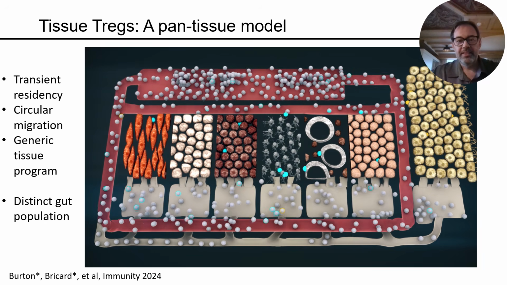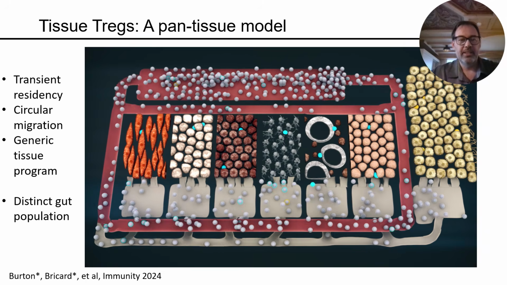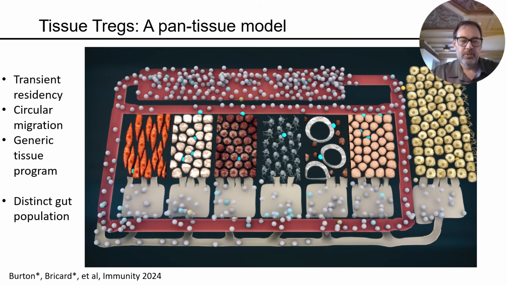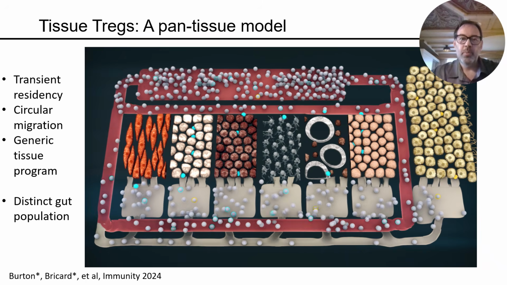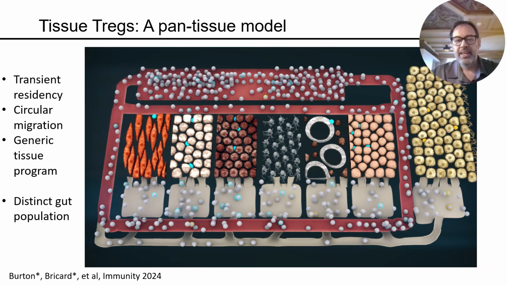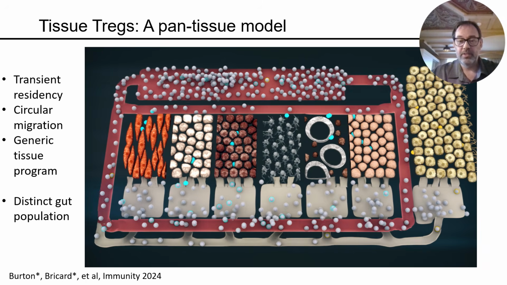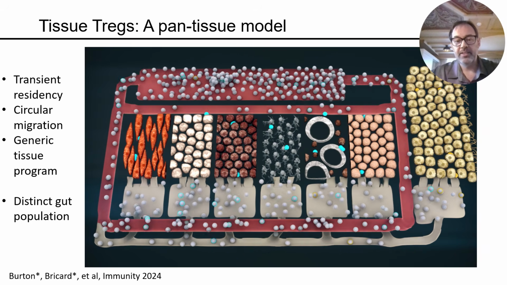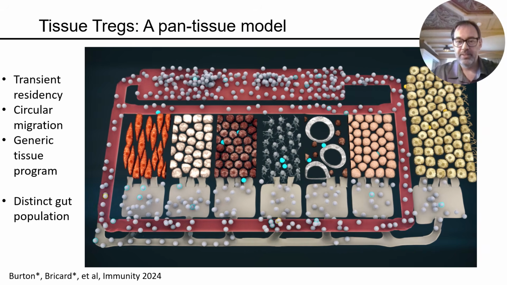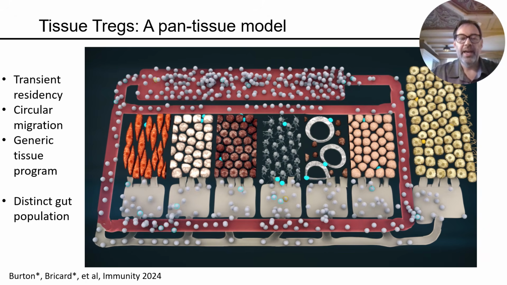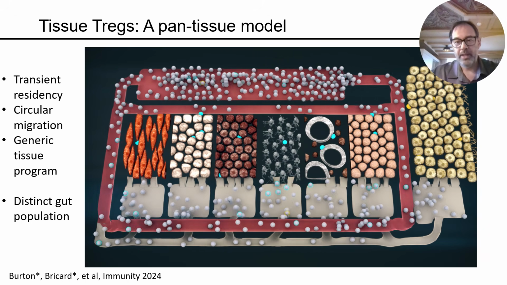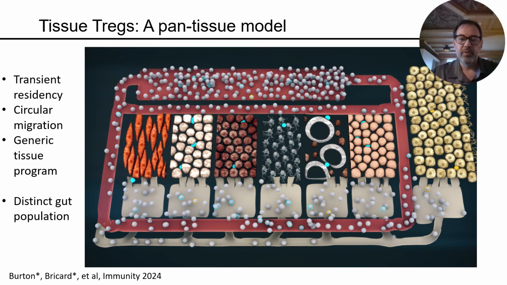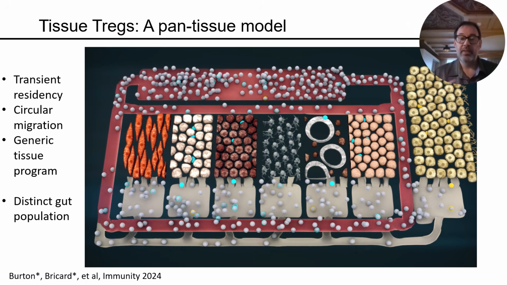Now, the latest data for regulatory T cells in the tissues indicates that these cells are not really long-term permanent residents, and instead they have a more transient residency pattern. So the regulatory T cells that are present in circulation are able to enter into tissues. They turn on a tissue program, a transcriptional rewiring of the regulatory T cells that differentiates them into this tissue phenotype.